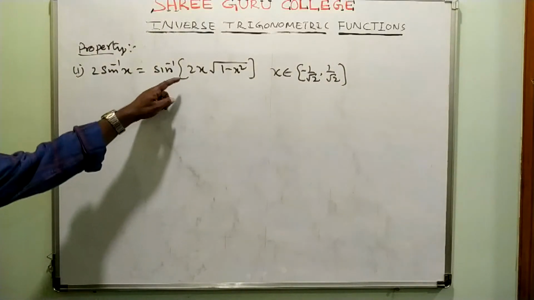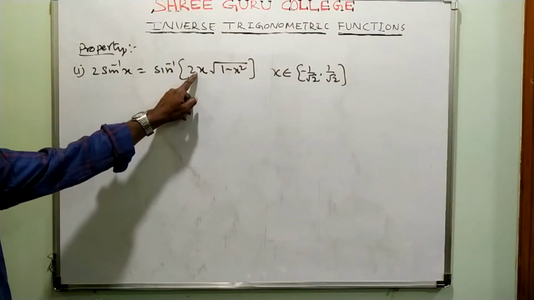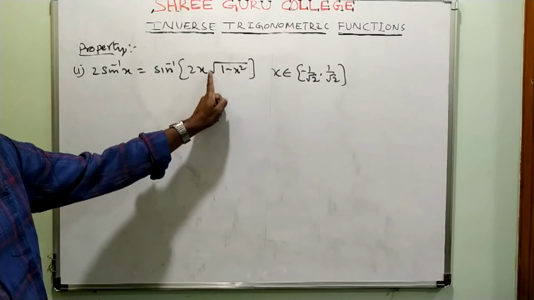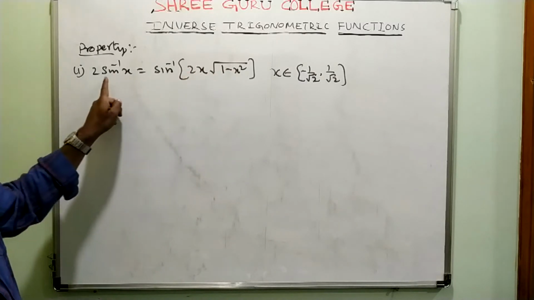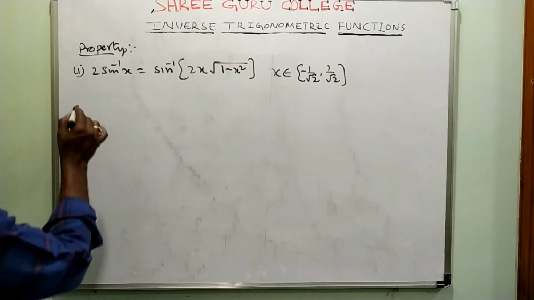This also is the same. Take the RHS, x is sin theta. 2 sin theta, and this is cos theta. 2 sin theta cos theta is sin 2 theta, sin inverse of sin 2 theta. So 2 sin inverse of x.